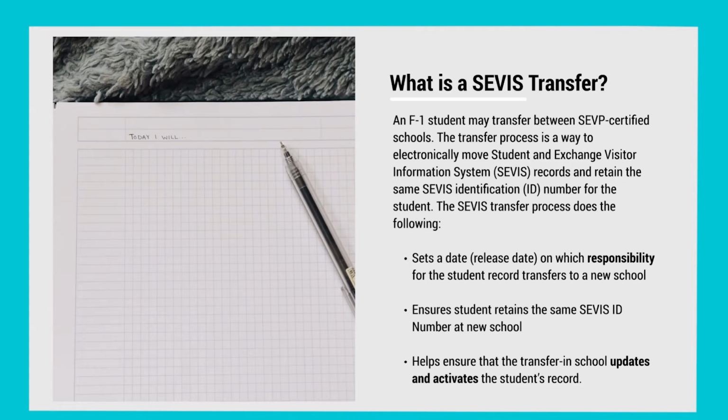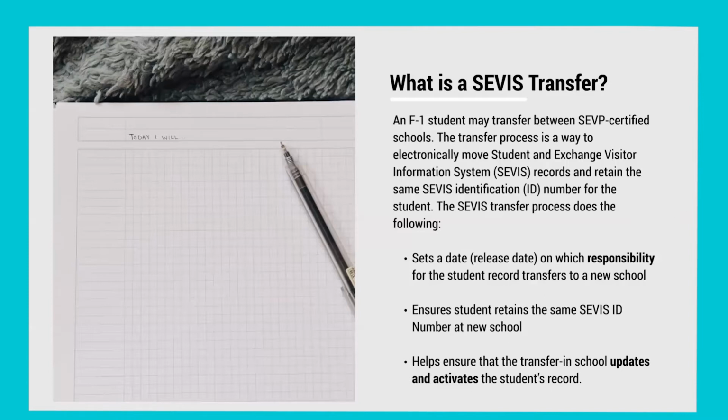So for example, if you attended a high school in the United States, or perhaps you pursued your undergraduate degree in the United States, or you're on OPT in F1 status, with a SEVIS form I-20, then you can request that your school transfer your SEVIS record to UC San Diego by setting a release date of your record. And then again, you would be able to maintain the same SEVIS ID on the I-20 that UCSD issues to you.